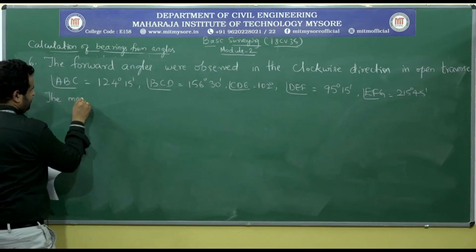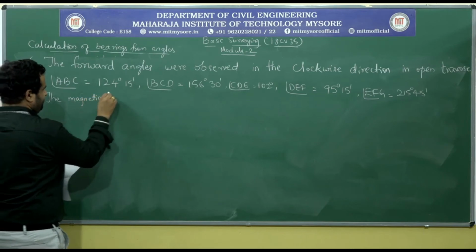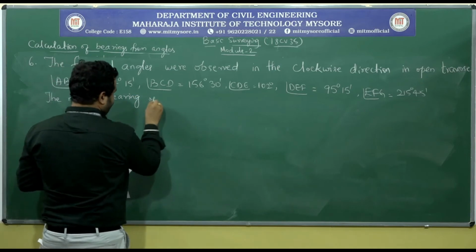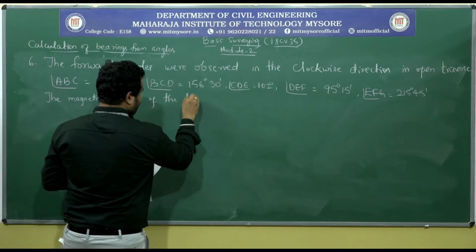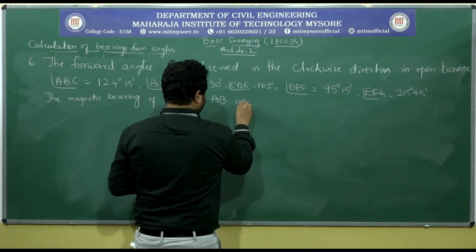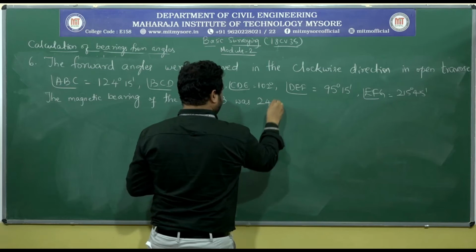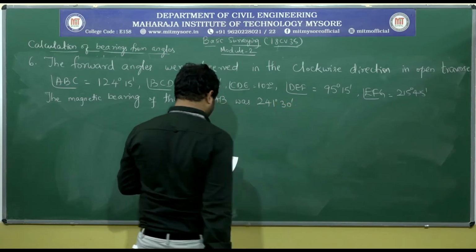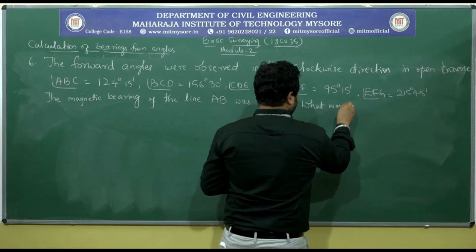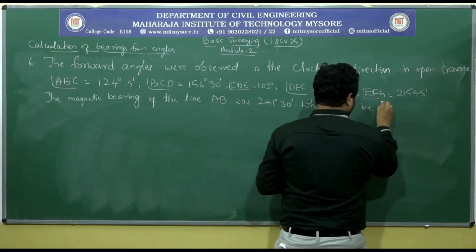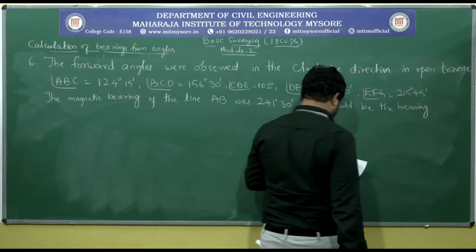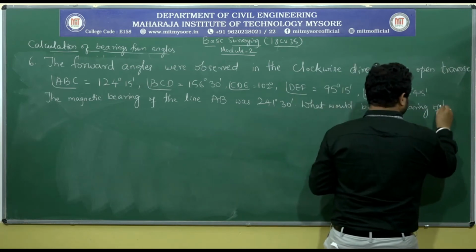The magnetic bearing of line AB is given, and what would be the bearing of the line FG?